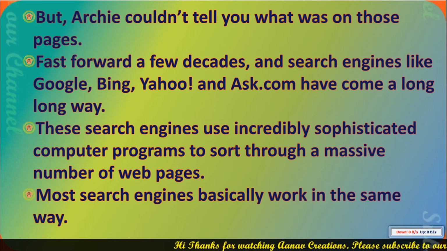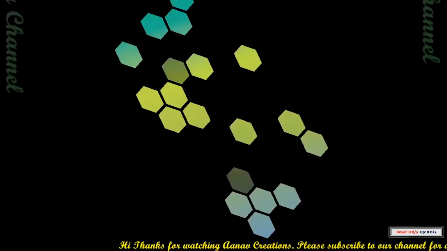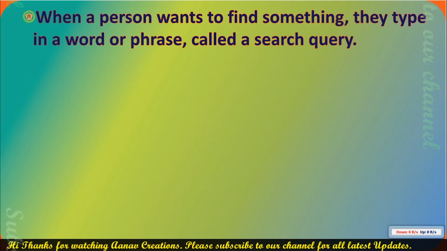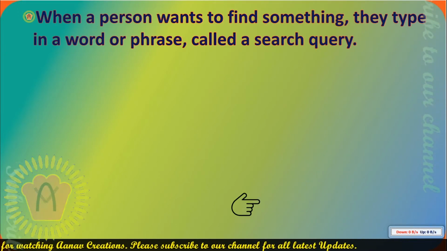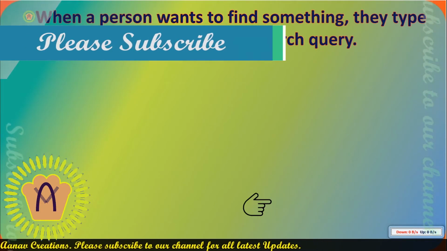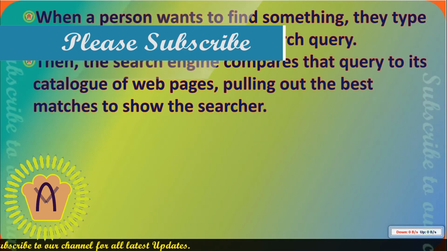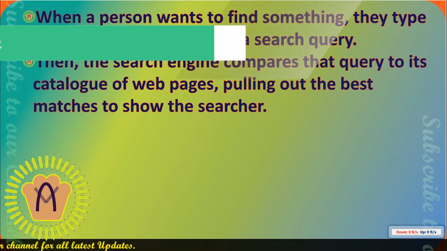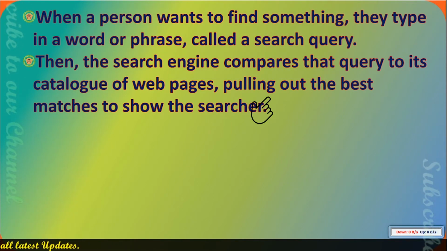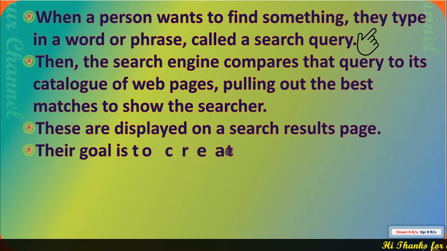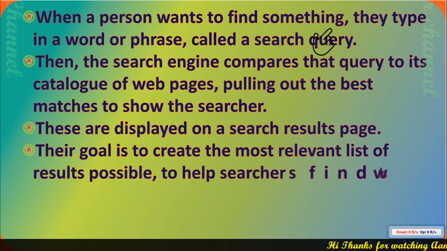Most search engines basically work in the same way. When a person wants to find something, they type in a word or phrase called a search query. Then the search engine compares that query to its catalog of web pages, pulling out the best matches to show the searcher. These are displayed on a search results page.